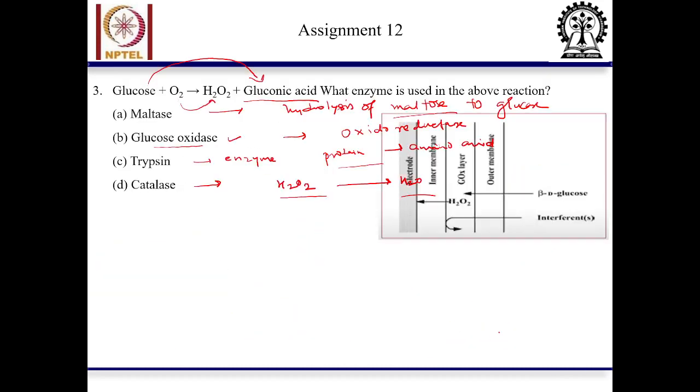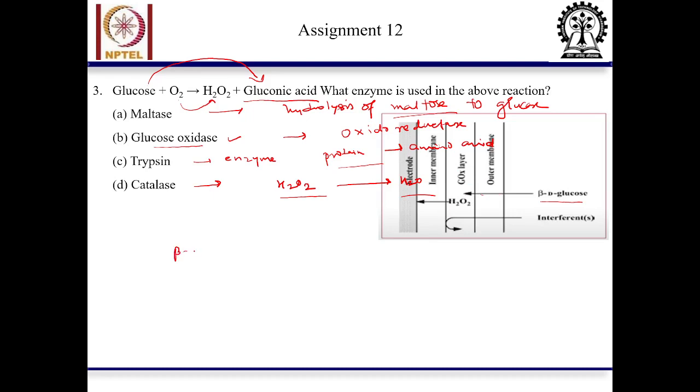Now here also we have electrodes. One is the working electrode, another is the counter electrode and reference electrode. But the working electrode is slightly modified. So here, there was only one membrane which is only permeable to O2. But here there are three layers. In the first layer only glucose and oxygen can enter. In the second layer, what happens?